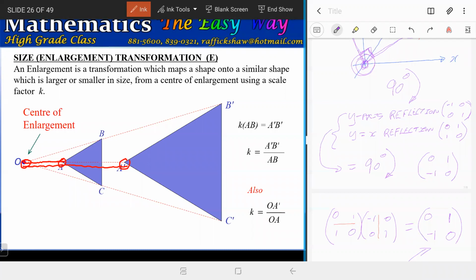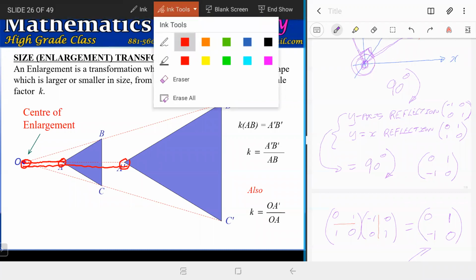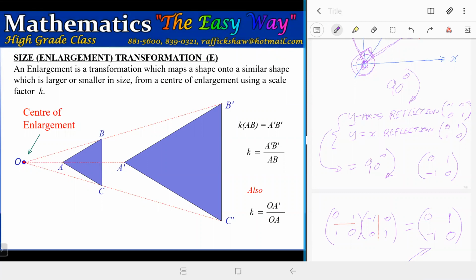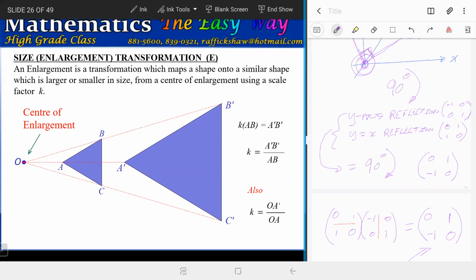If the scale factor is 2, then this distance out here is twice the distance to here. Let's use B. If the scale factor is 2, then the distance all the way up to B prime is twice the distance to here. Twice.